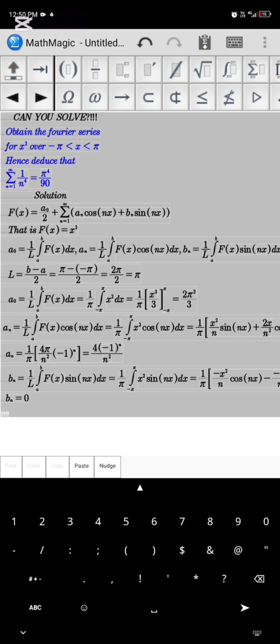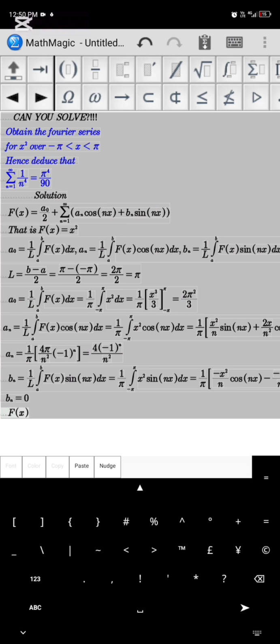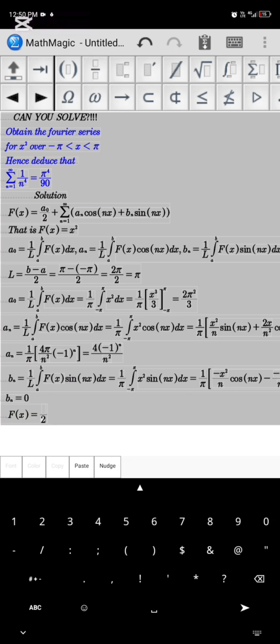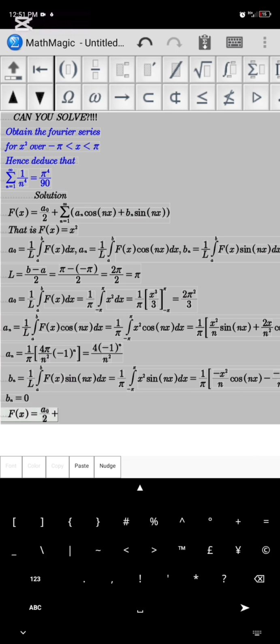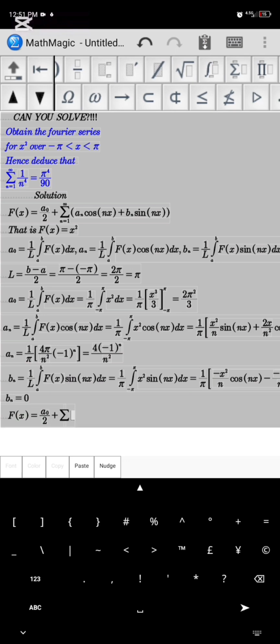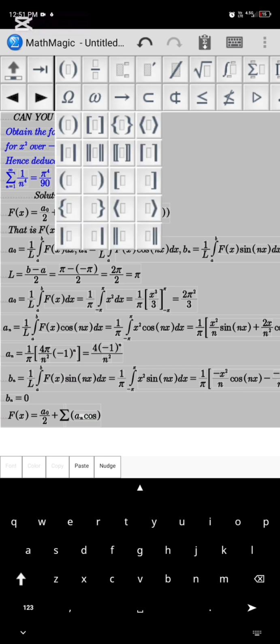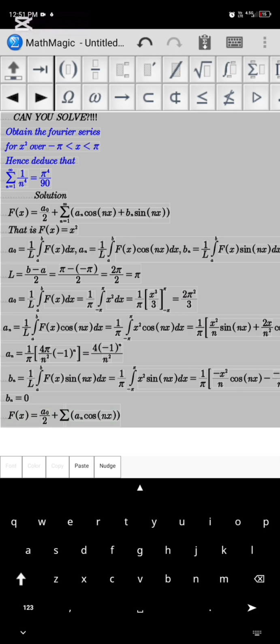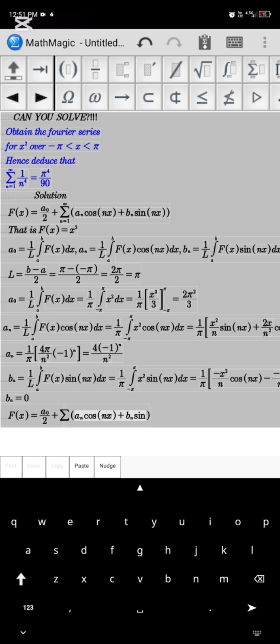So don't forget the formula for the Fourier series: f of x is equal to a naught over 2, plus the summation of an multiplied by cos nx, plus bn multiplied by sine nx.